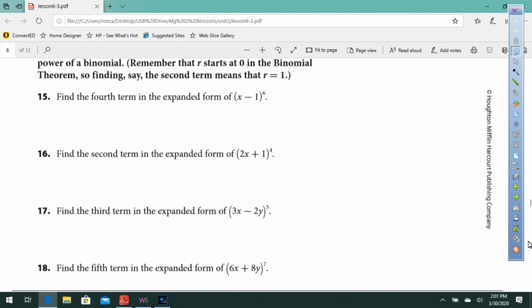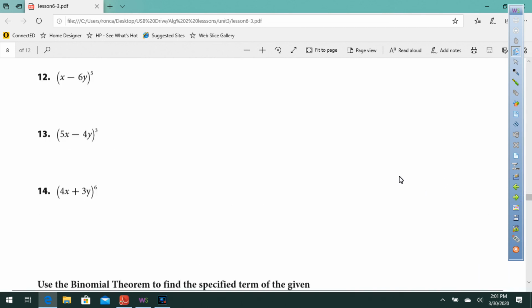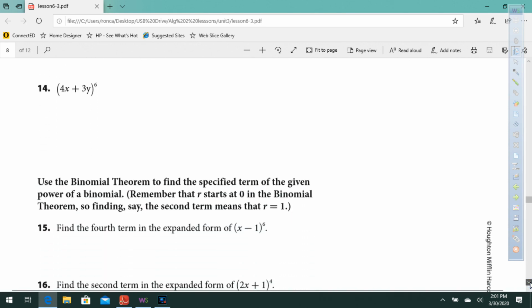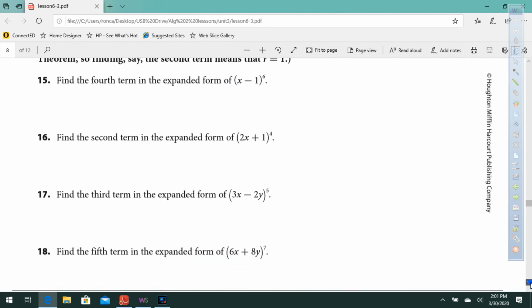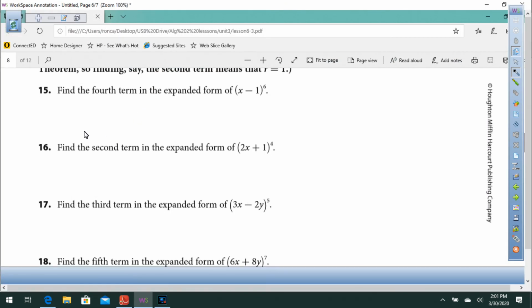Number 16. Let me show you one more of these. Find the 2nd term in the expanded form of 2x plus 1 to the 4th.